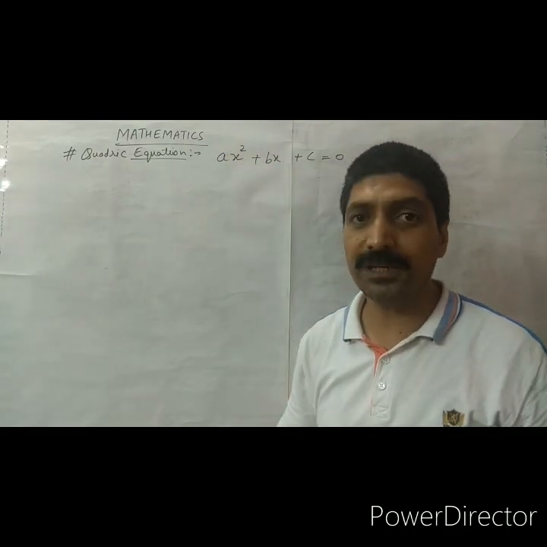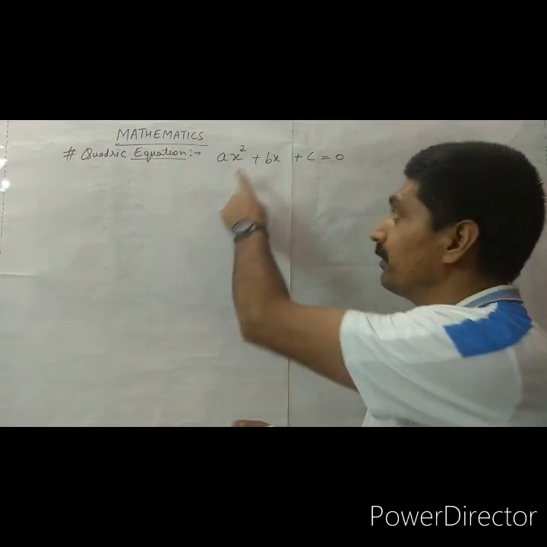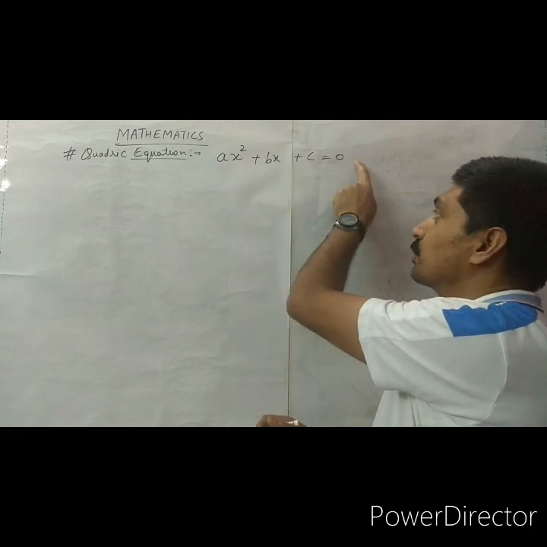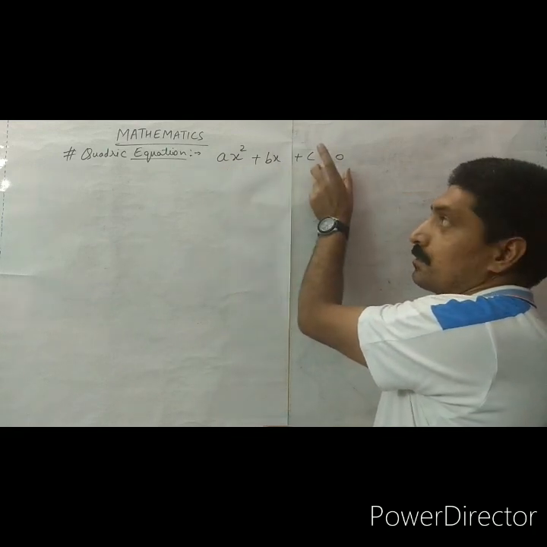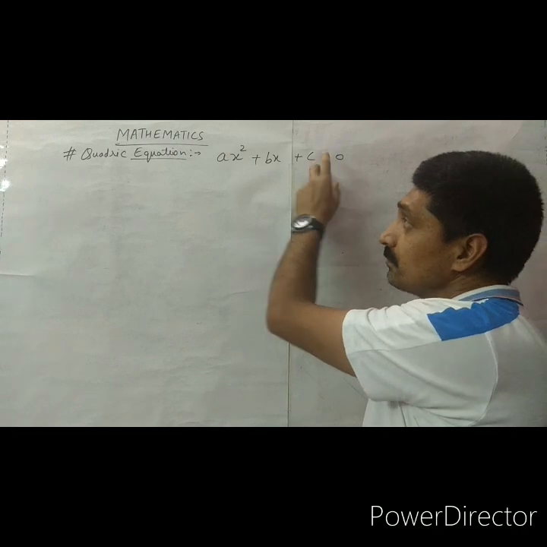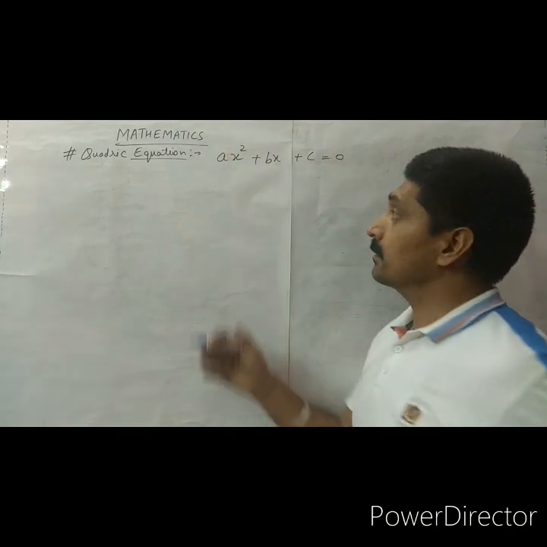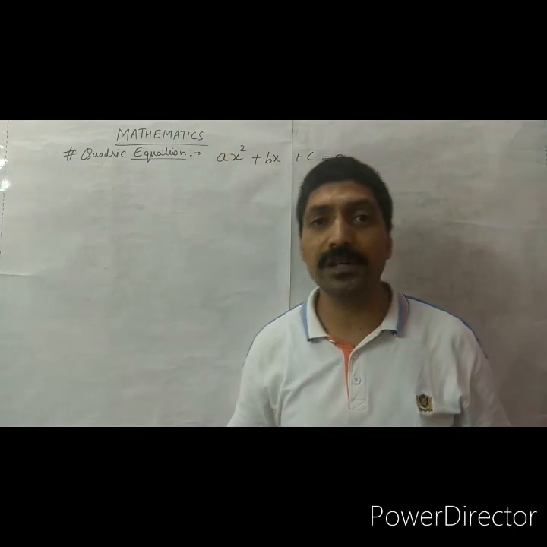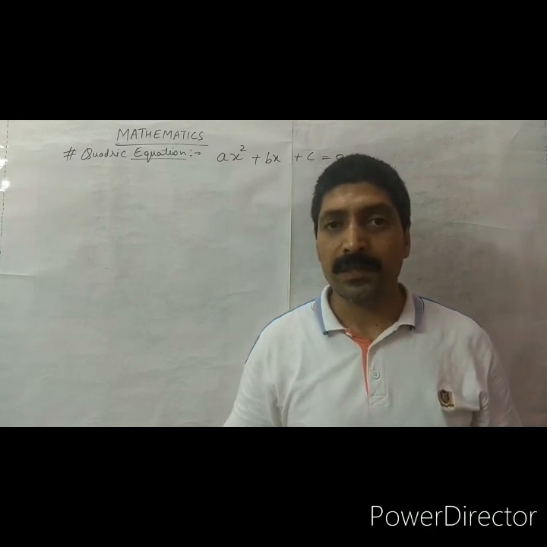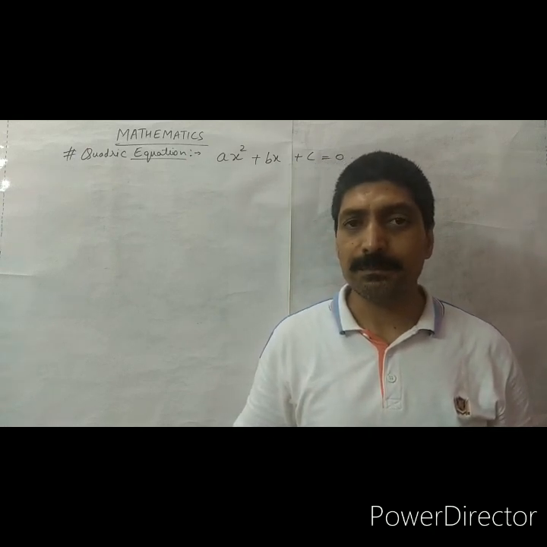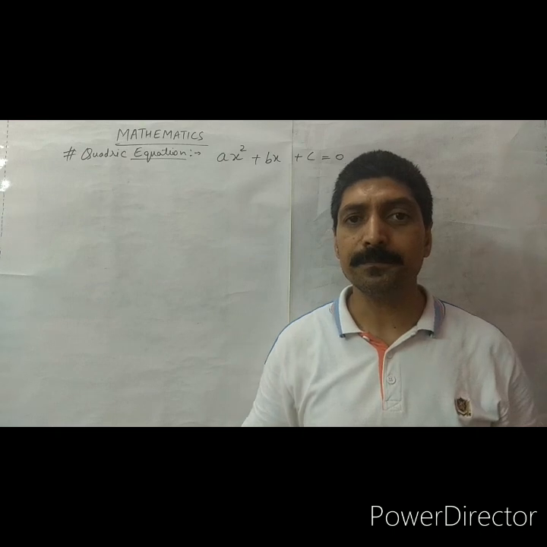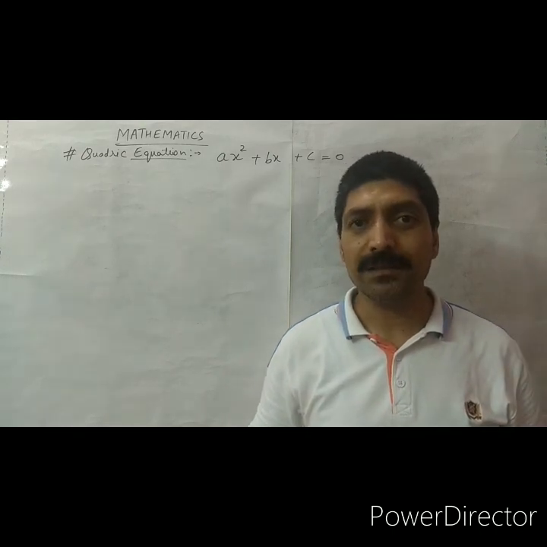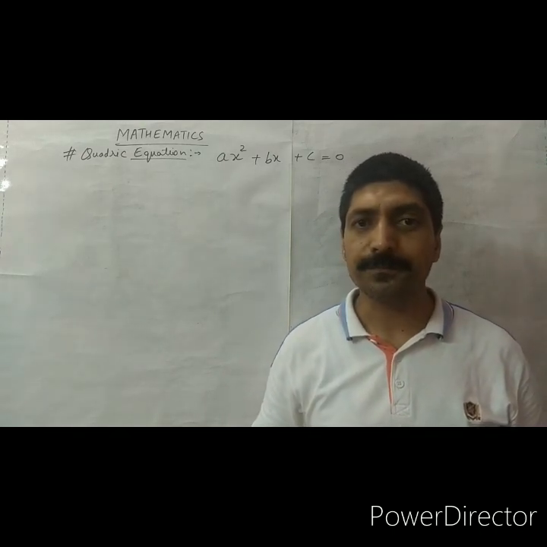A 2-degree polynomial is a quadratic polynomial. When we equate that polynomial to 0, it becomes an equation. So how do we find the solution of a quadratic equation? By the factorization method, by splitting the middle term, then the completing square method, and the quadratic formula.